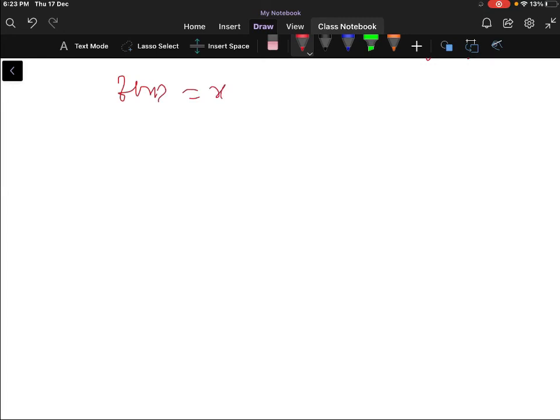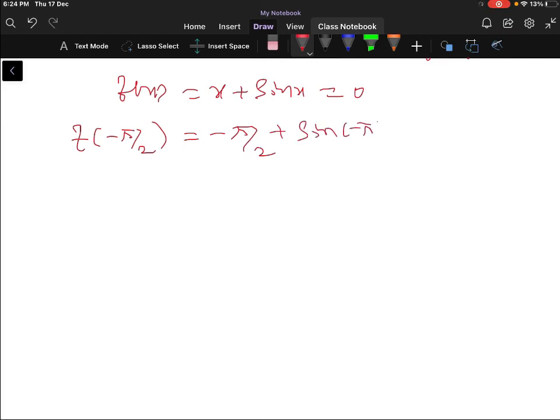Suppose f of x is equal to x plus sin x equal to 0. X plus sin x equal to 0 is an equation. F of minus pi by 2 is equal to minus pi by 2 plus sin of minus pi by 2, that is equal to minus pi by 2 minus 1. So this is negative.